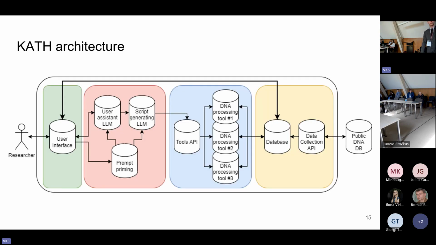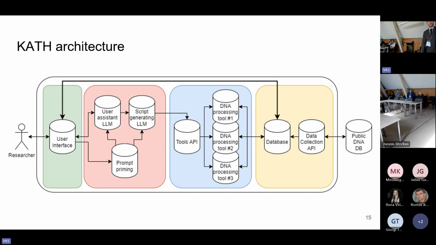In future, we are planning to fully implement this architecture. The entry point in the system is the user interface, from which the user can enter the database and prompt priming modules to update the prime prompts for their needs, and also prompts to the user assistant LLM. The user assistant LLM was introduced to simplify working with our system.